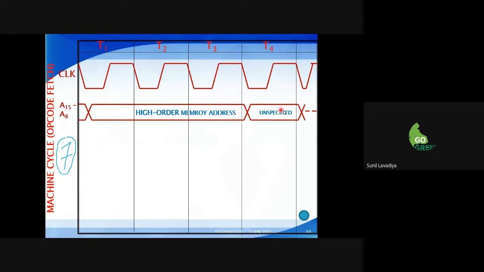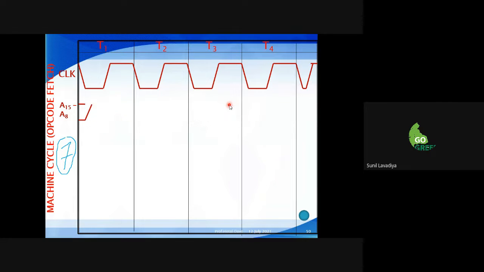T4 is always unspecified. Please remember the pattern: T1, T2, T3, T4, then the clock cycle, low, high like this. You have to draw this whenever the question is asked. A8 to A15 is a crossing and then continues up to the last cycle, up to T4.